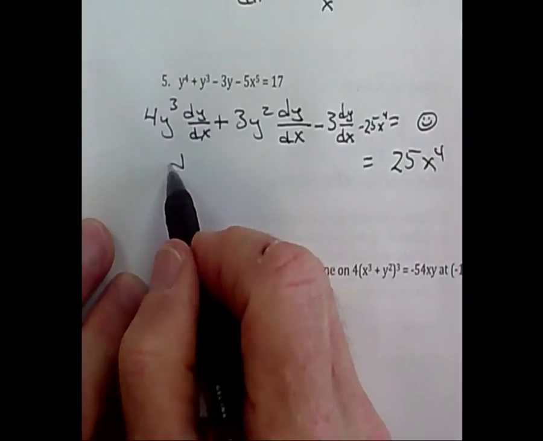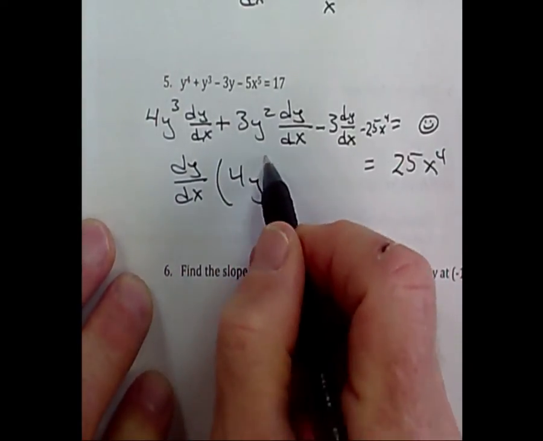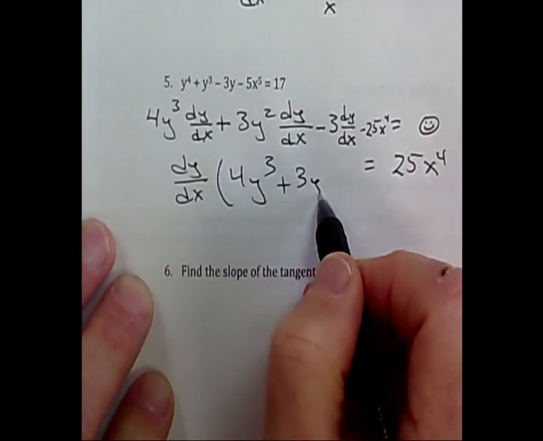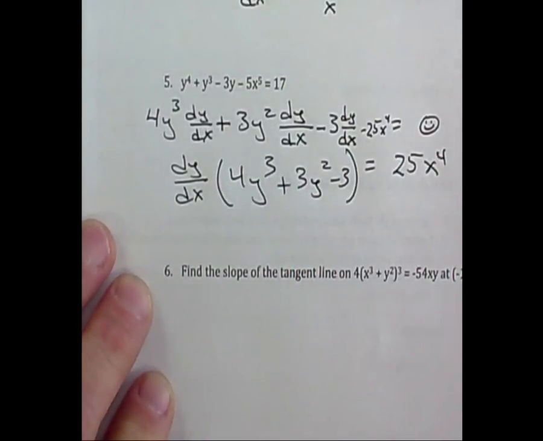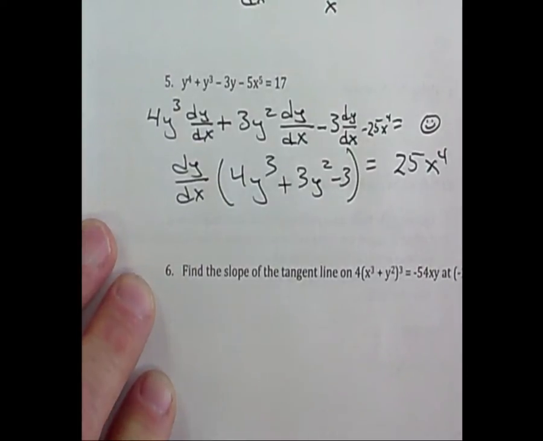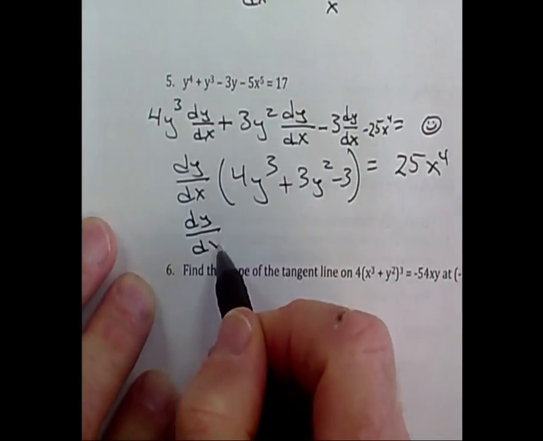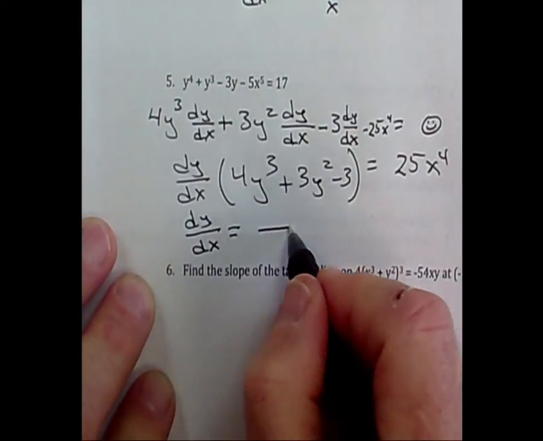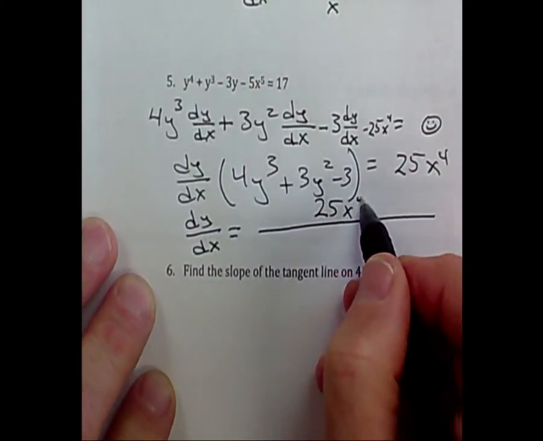And then you said factor out the dy/dx. Yeah. And then I have 4y cubed plus 3y squared minus 3. It looks like that. And so the formula that computes the slope of the tangent line would have 25x to the 4th in there.